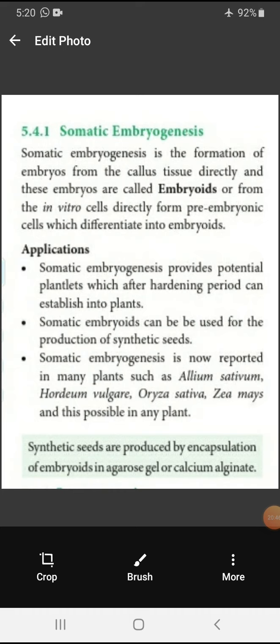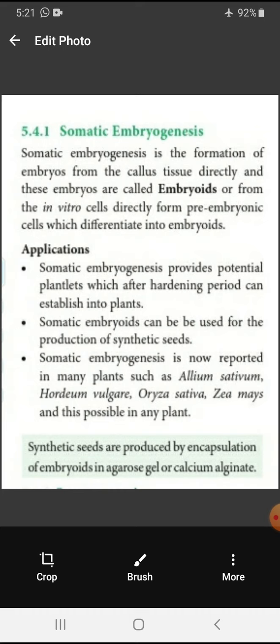Next we are going to discuss somatic embryogenesis. We already discussed embryogenesis in the basic techniques involved in plant tissue culture. The callus cells undergo differentiation and produce somatic embryos. In plant tissue culture we use somatic cells, from any part of the plant, either root, stem or leaf, which produce the embryo called embryoids.